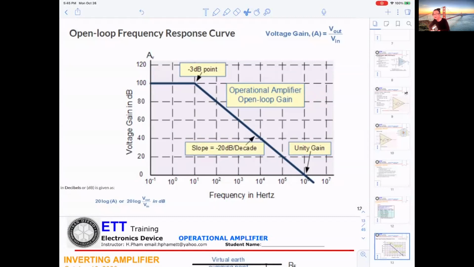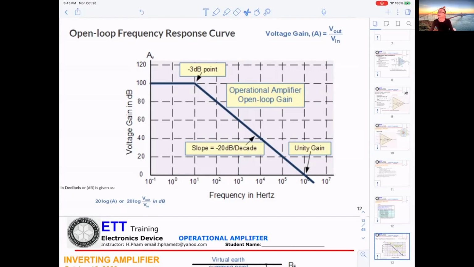At that frequency, the output will be going down to 70.7% of the maximum value. 70.7% means 0.707. If you take 20 log of 0.707, you get minus 3 dB. Okay, you have to remember that.